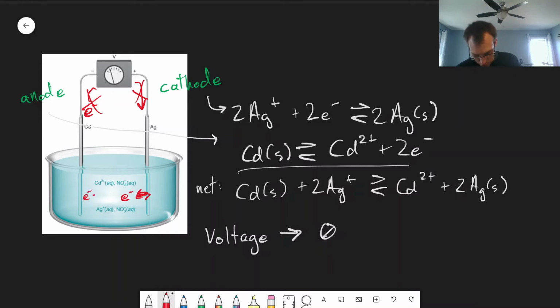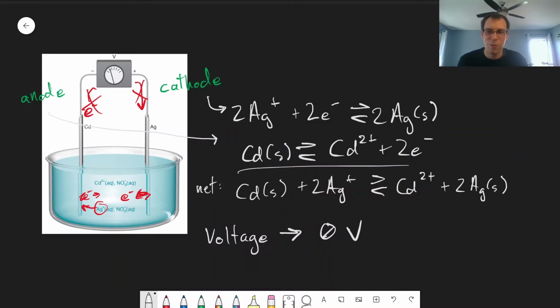The silver ions can just go right over to where the cadmium metal is and react directly there. There's nothing to prevent that, and the electrons won't go through the circuit we've set for them. So we'll get a voltage of 0 volts for this particular cell.